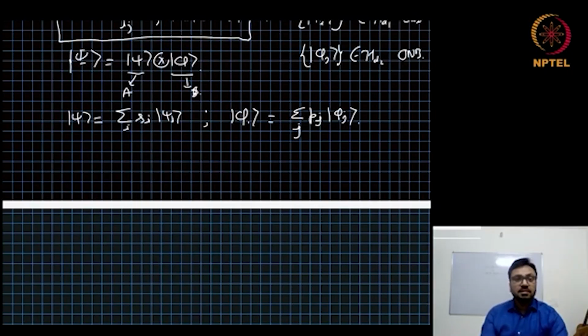What we are saying is, if the composite state psi AB can be written as a tensor product psi tensor phi for some particular choice of psi and phi, then psi is some state from HD1, so we can write it as a superposition of its orthonormal basis. We don't know yet what si is, but it can be written in this form for some suitable choice of coefficients si. Similarly, the state phi can be written as a superposition of the orthonormal basis phi j with some unknown coefficients pj.